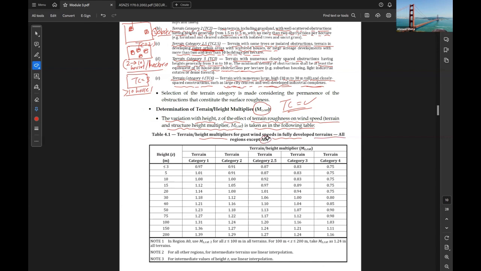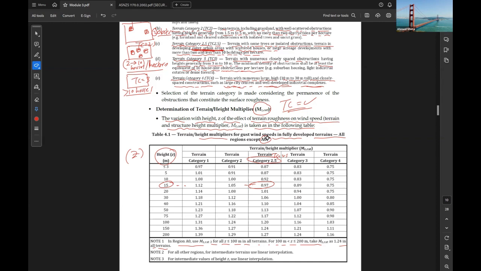For A0, it has a different variation. You can look at the note under the table here. So based on the building height Z, for example 15 meter, and based on your terrain category, for example TC 2.5, how much is MZCAT? 0.97.